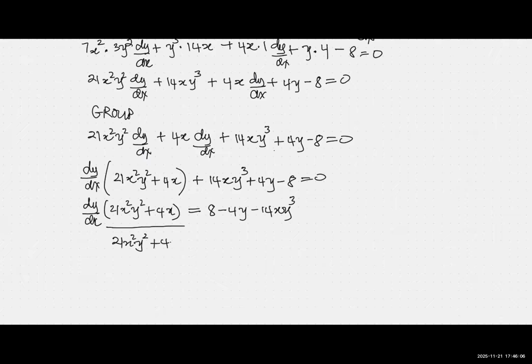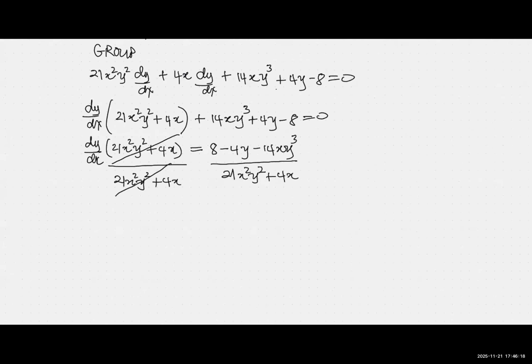That cancels that, leaving me now with dy by dx equal to 8 minus 4y minus 14x y cubed, all over 21 x squared y squared plus 4x. So this is my differential. That's the first part of it. Are we okay with that?